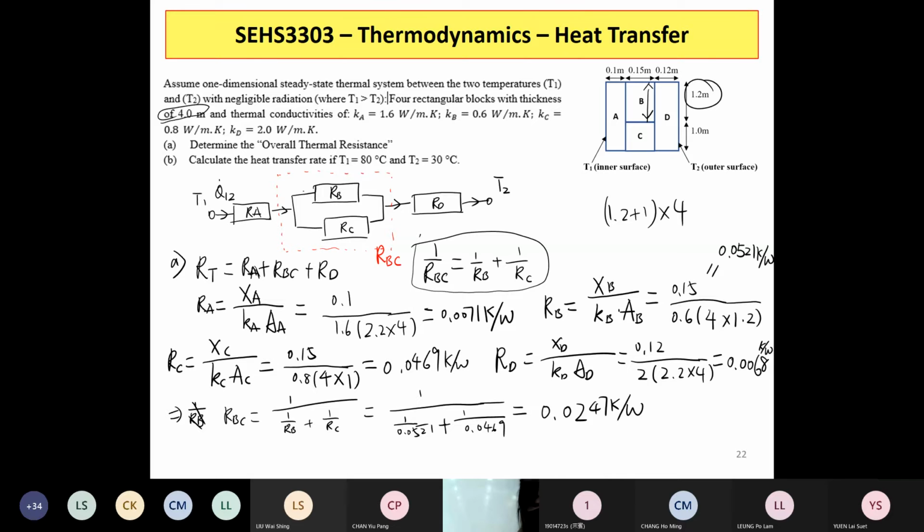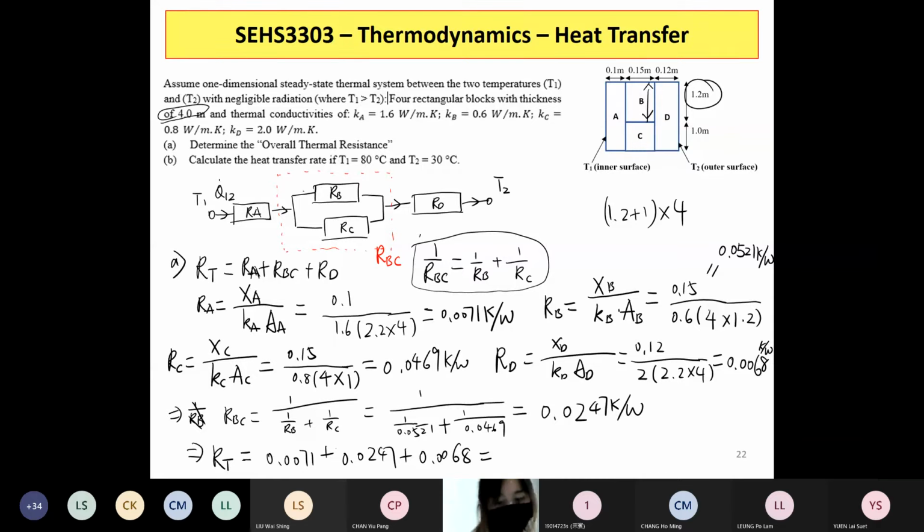Okay. So for R total, the total thermal resistor equals RA plus RBC plus RD. That should be... plus.